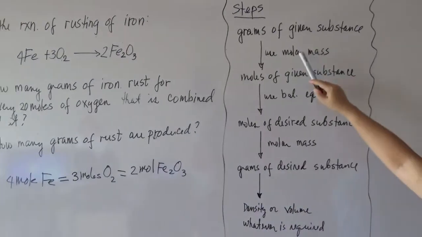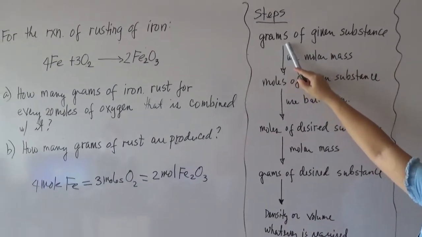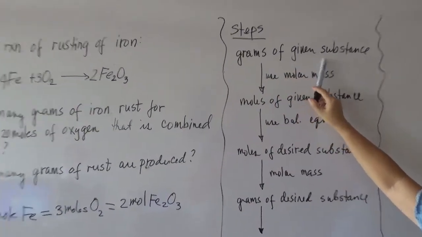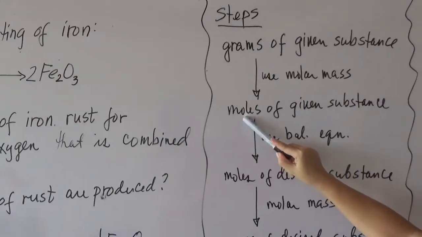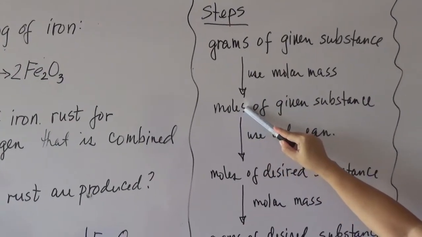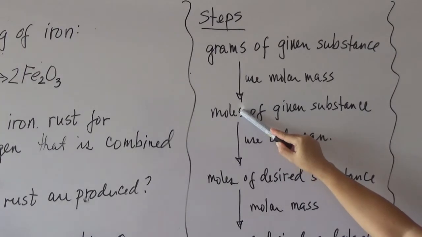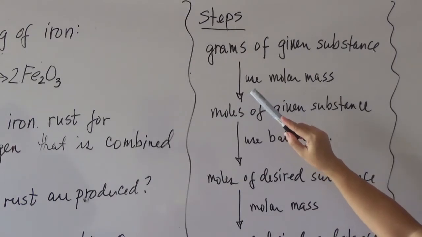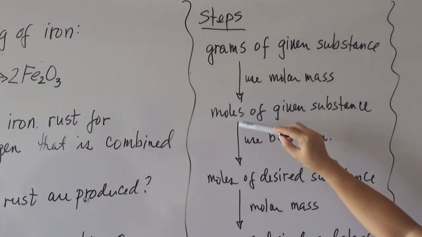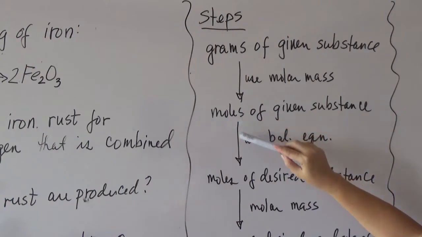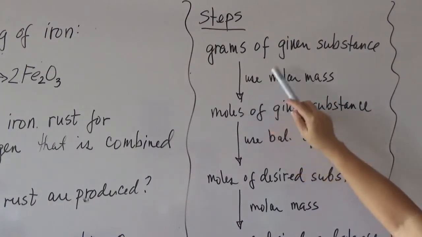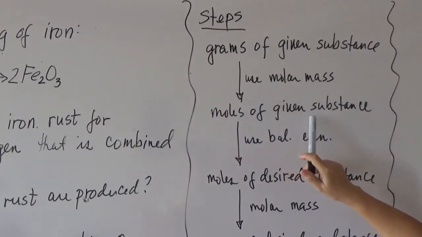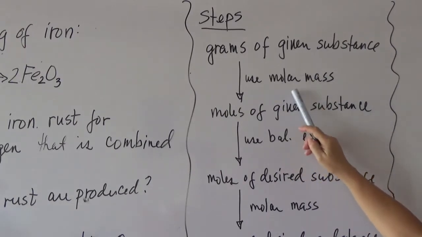If it starts with the grams of the given substance, you're going to convert it to moles of the given substance using the molar mass.